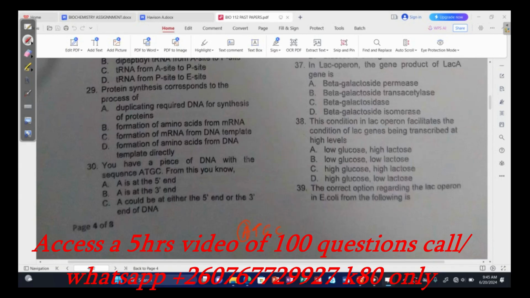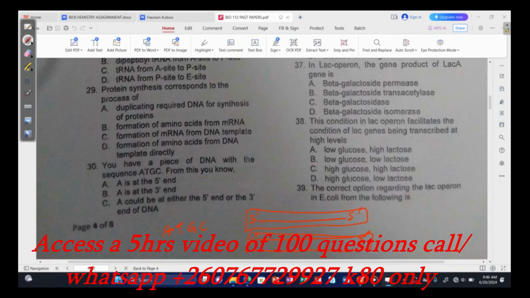So one thing which we have to know is that DNA is a double-stranded molecule. That is, it has two strands which run in opposite directions. So if this is the 3' end, that will be the 5' end. Automatically this will be the 3' end, this will be the 5' end. So if randomly I give you a sequence, like in this case we've been given A, T, G, C, we don't know whether this base sequence was extracted from this strand or from this strand.